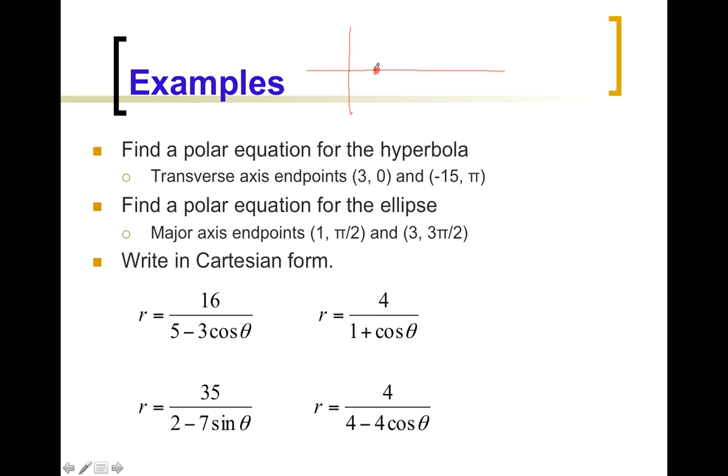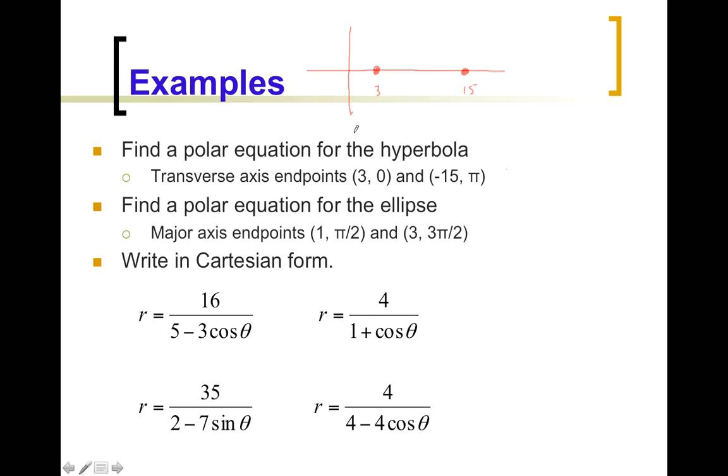Now this is 3, 0 because we go 0 radians. You have to remember that these are in polar mode. We go 3 units away at 0 theta. But here, if we go to pi radians, we go in the negative 15 direction, and we have this point here. This is 15. This is 3.